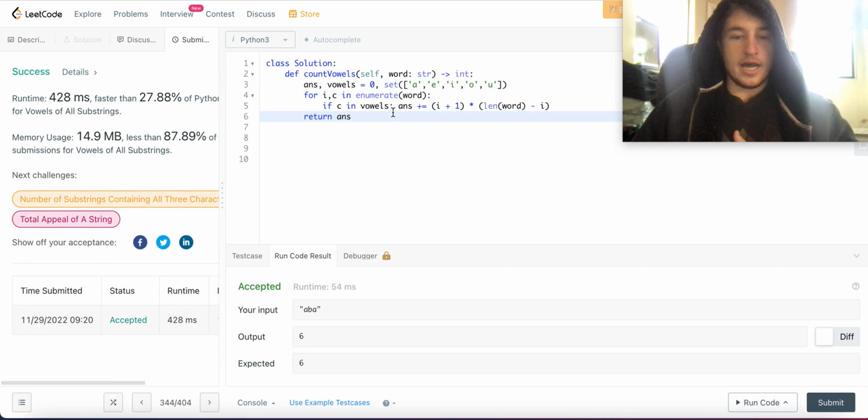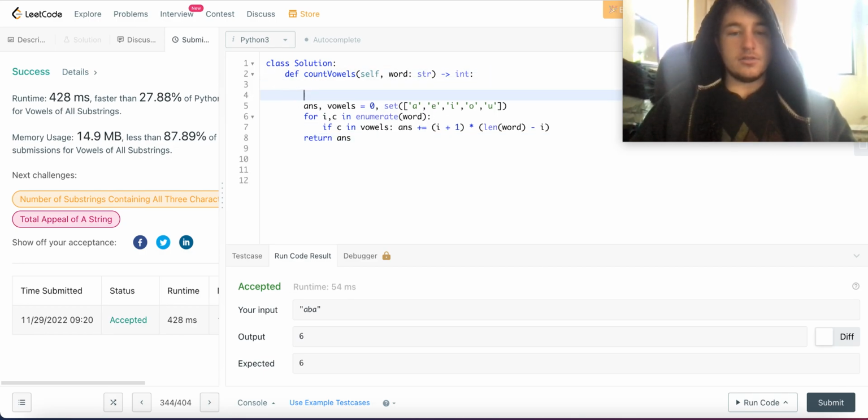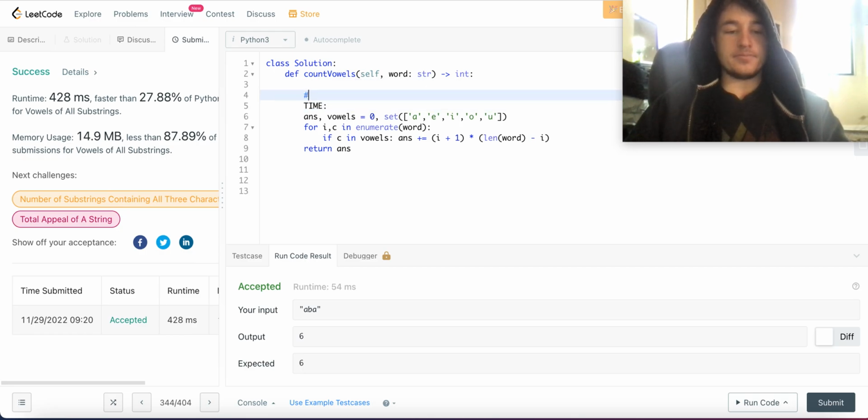All right, cool. So what's the runtime of this? Well, we do a constant operation here, and then we just need to look at each letter in the word. So if n equals the length of word, that would mean that our runtime complexity is just O of n.